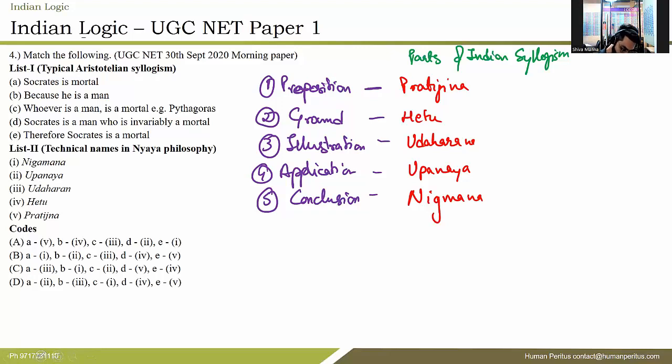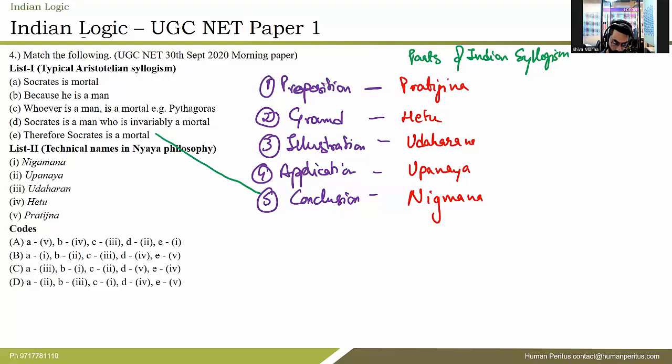Now, if we look at the statements, we will be easily able to see what is what. First of all, if you check out the E option, therefore Socrates is mortal. It simply feels like a conclusion statement, right? So, conclusion. All right.